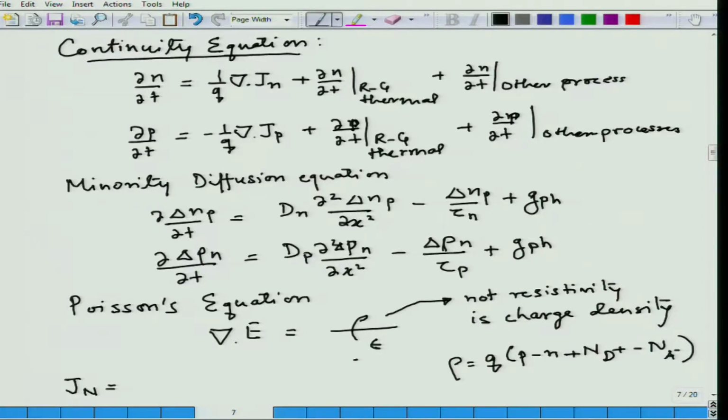The other supplementary equations that we have been discussing earlier: the current due to the electrons is given by q times the mobility, the number of carriers and the electric field, that is the drift, plus the diffusion of the carriers, the gradient of n. I can write the same thing for the current due to the holes: charge, mobility, number of carriers, field, plus the gradient for the holes.